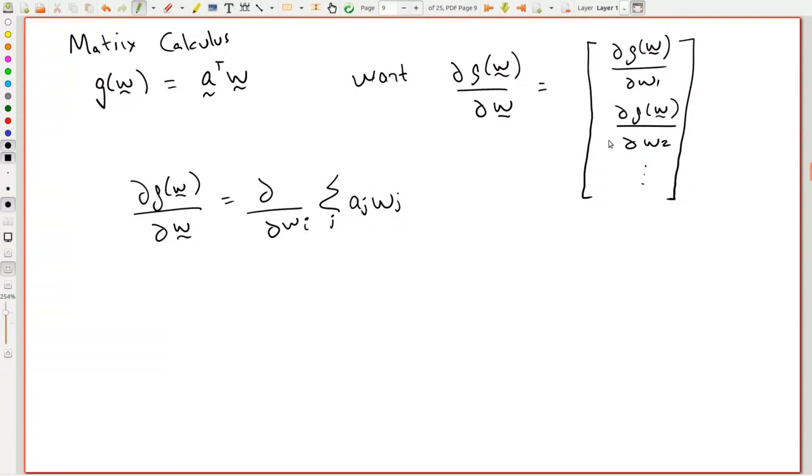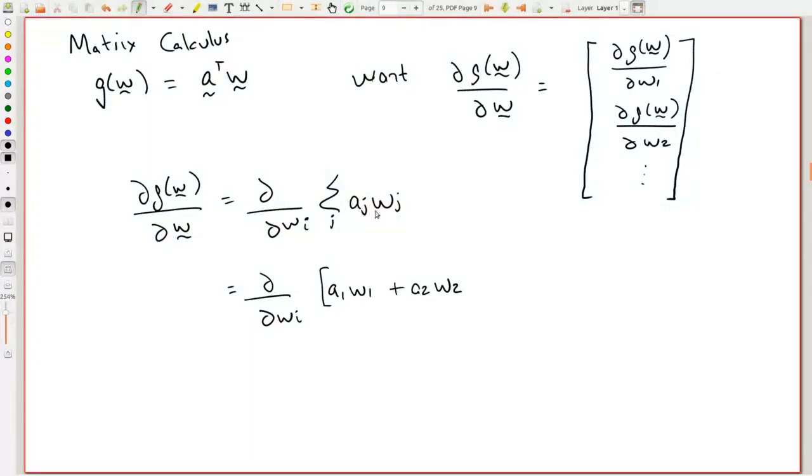Again, I'm just thinking about what each of the individual entries would be in this vector. We can write this out explicitly if we really want to reason about what's going on. So we want to take the derivative of our dot product with respect to just one entry, wi, and we can just expand out our dot product. So what would that be? It'd be a1 w1 plus a2 w2.